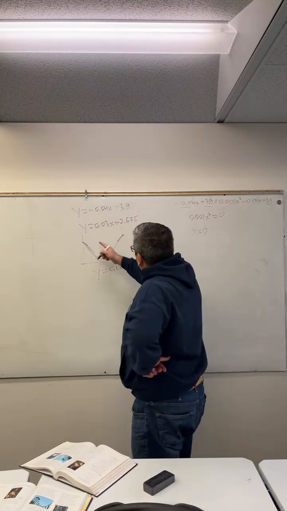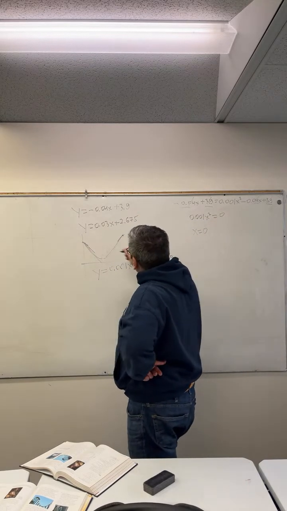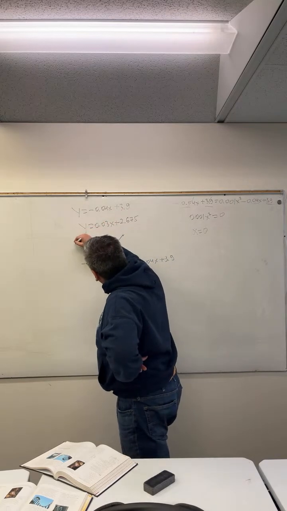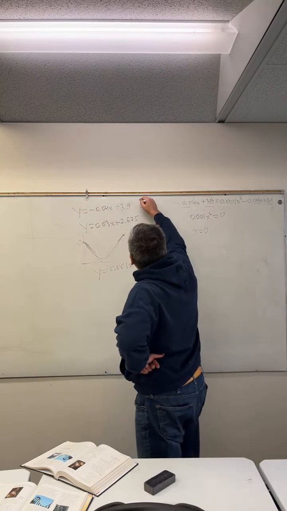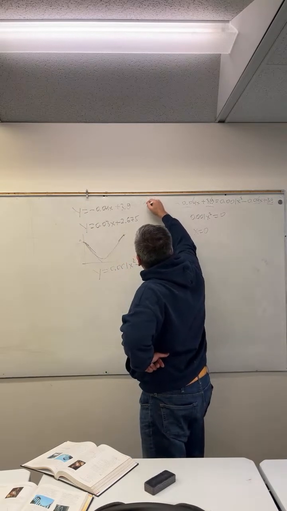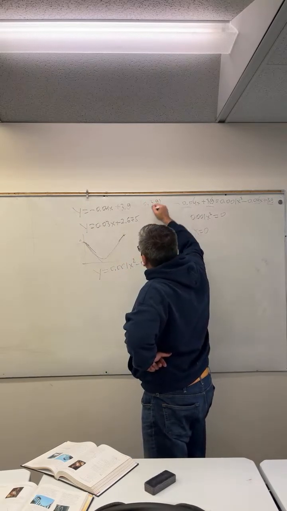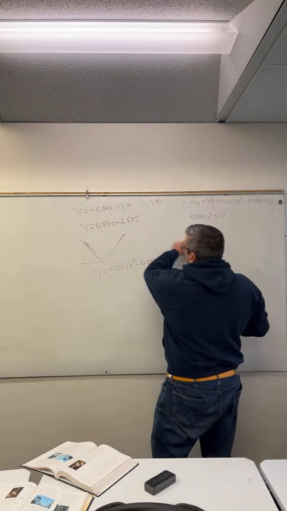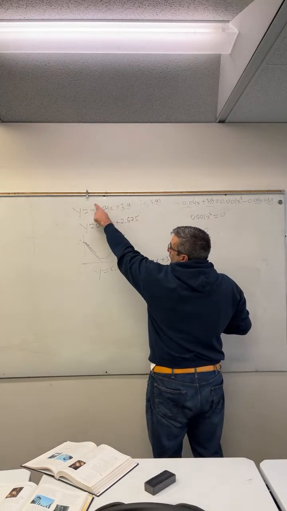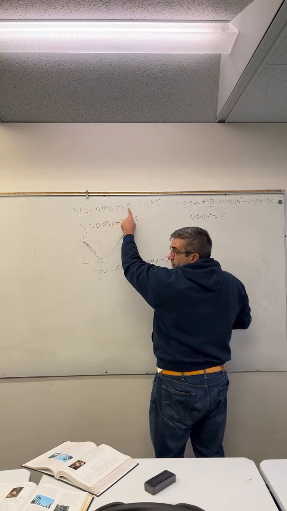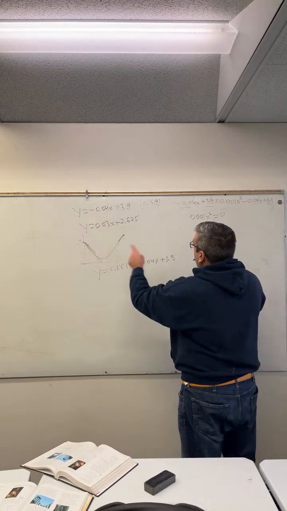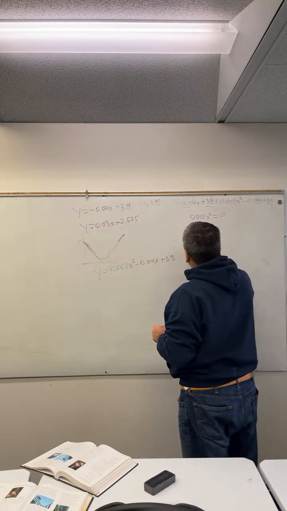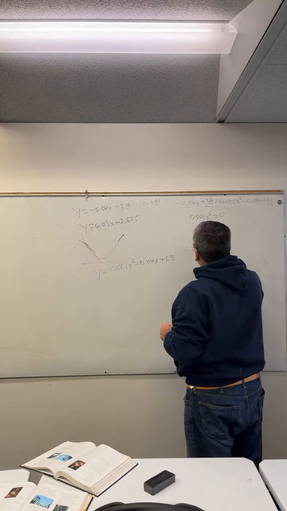So this point will be 0 and 3.9, so 3.9 is the height. So we have 1 point, (0, 3.9). Why is it 3.9? Because if you substitute 0 into the equation, this term becomes 0, so y equals 3.9. It's the y-intercept. And then for the second line, we do the same, we compare them.